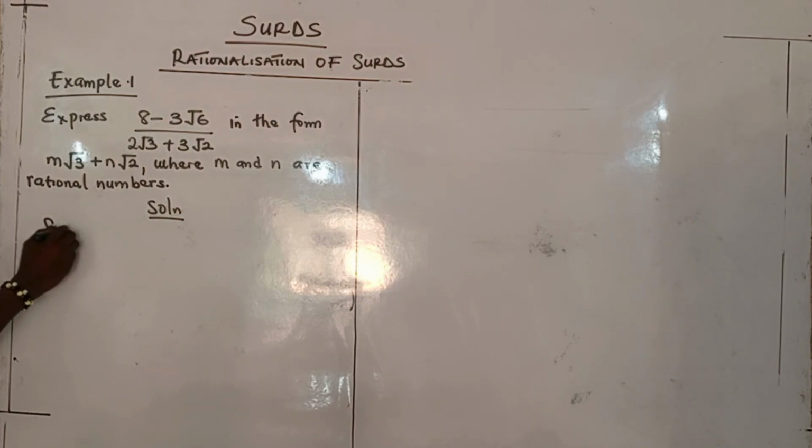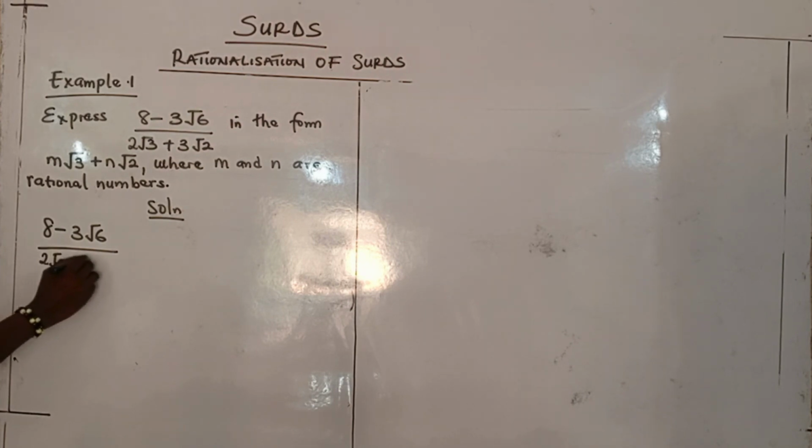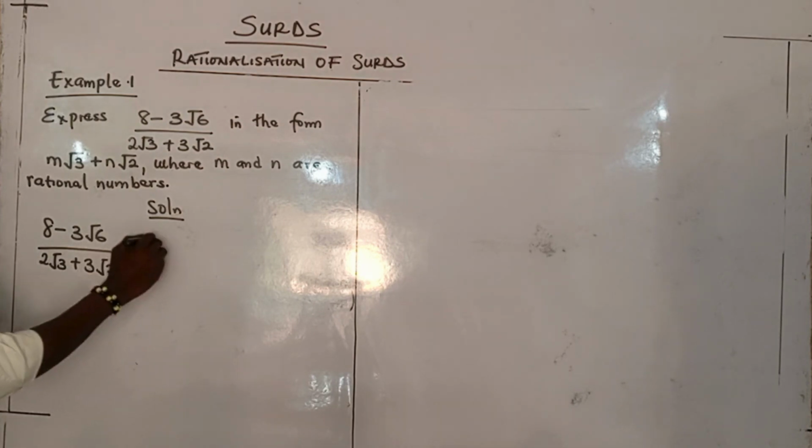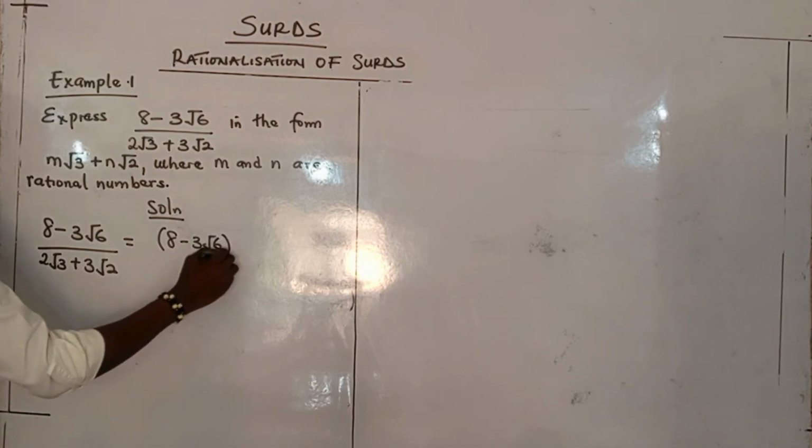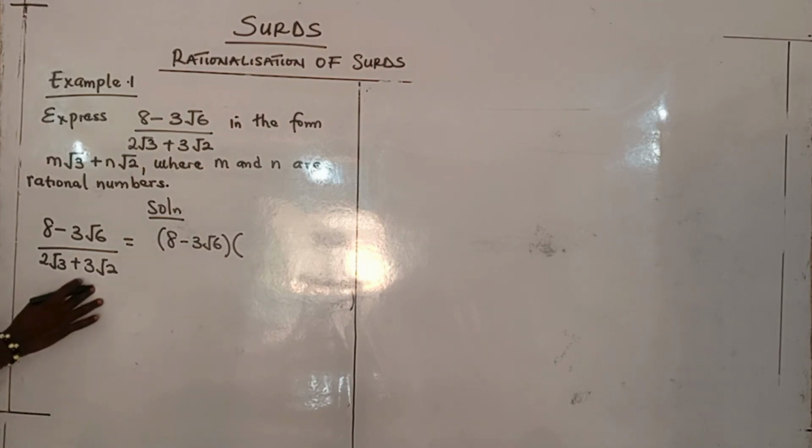So we are going to have (8 − 3√6) all over (2√3 + 3√2). To rationalize it, we multiply by the denominator, but our plus sign here will change to minus.